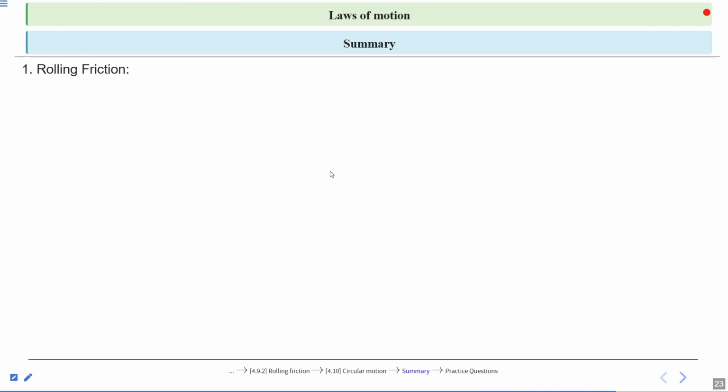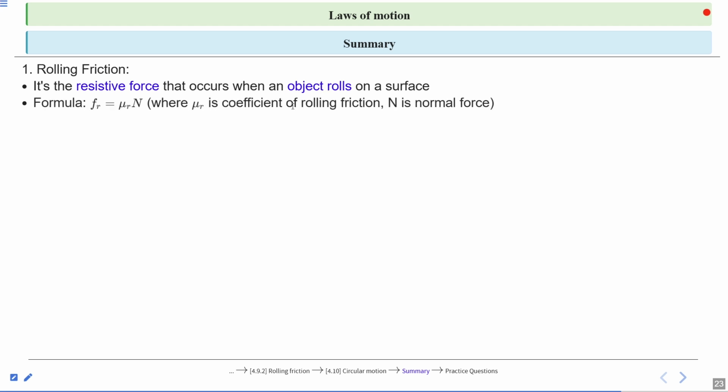Now summary. Rolling friction. It's the resistive force that occurs when an object rolls on a surface. Formula of rolling friction, Fr equal to mu r N. Here mu r is the coefficient of rolling friction and N is the normal force.